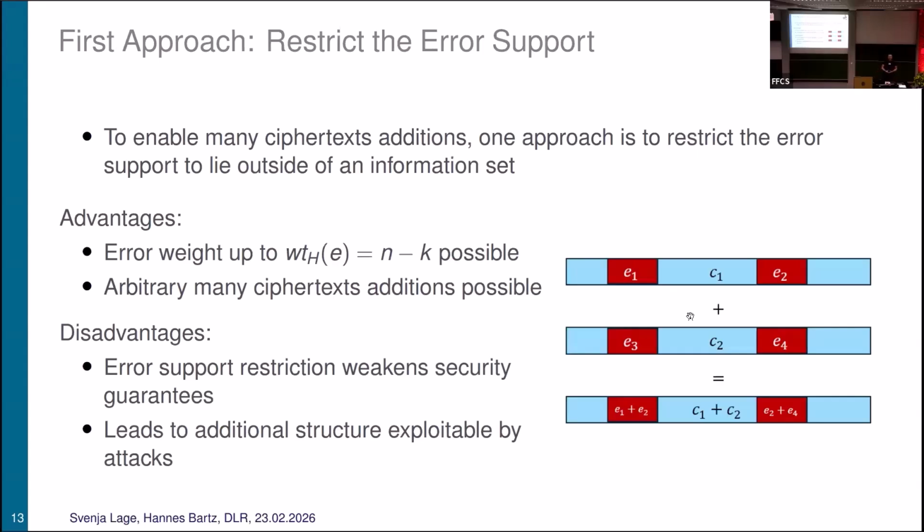So one could say, well, that's easy. The disadvantage is that if I restrict my error support, this adds additional structure, which could weaken the security of my schemes, and this can also be exploited by an attacker in the end.